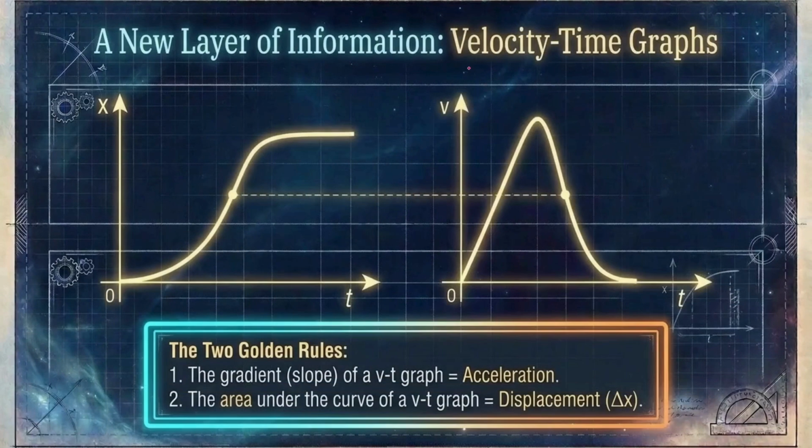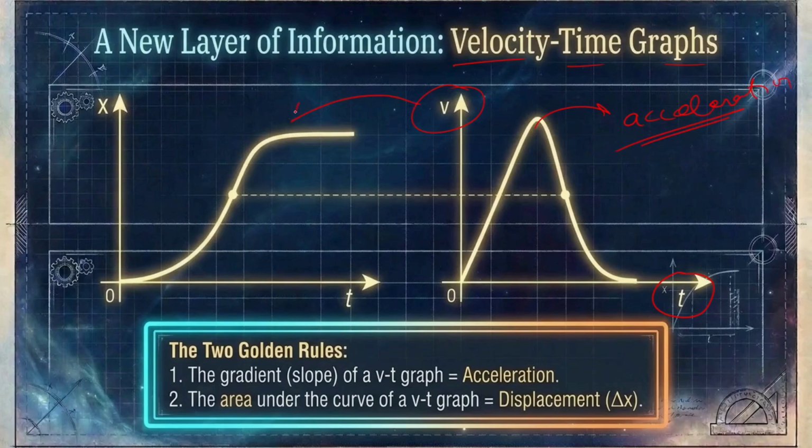Now we move forward to the velocity versus time graph. If you find the slope of the velocity versus time graph, you will get the acceleration.